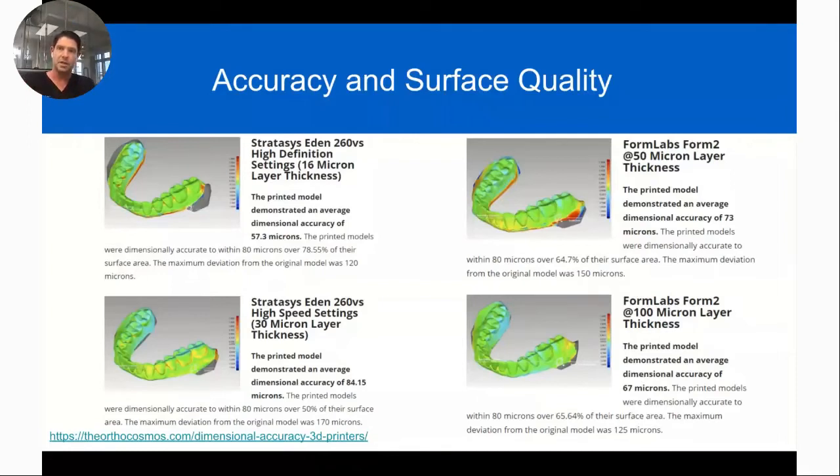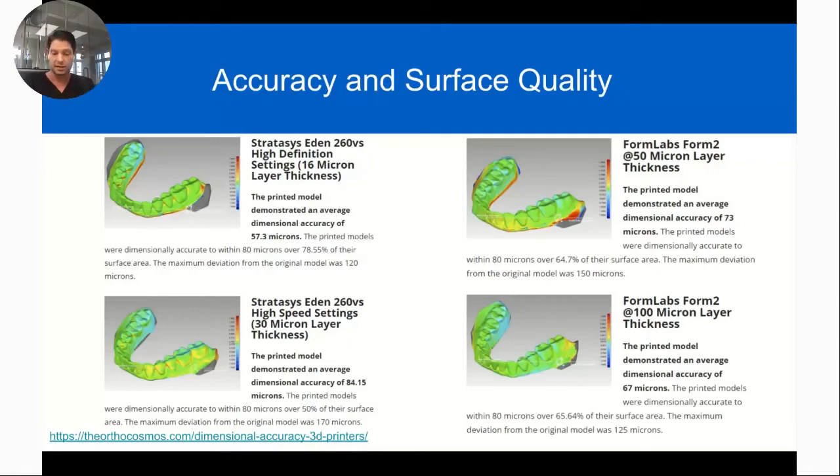So I think maybe we don't have the same requirements as Crown and Bridge may have or as Restorative may have, but we also can't have the lackadaisical attitude that accuracy isn't an issue for orthodontics. And this is an area where I was very pleased to find out that Version 2 of the Draft is actually more accurate than the standard gray resin.